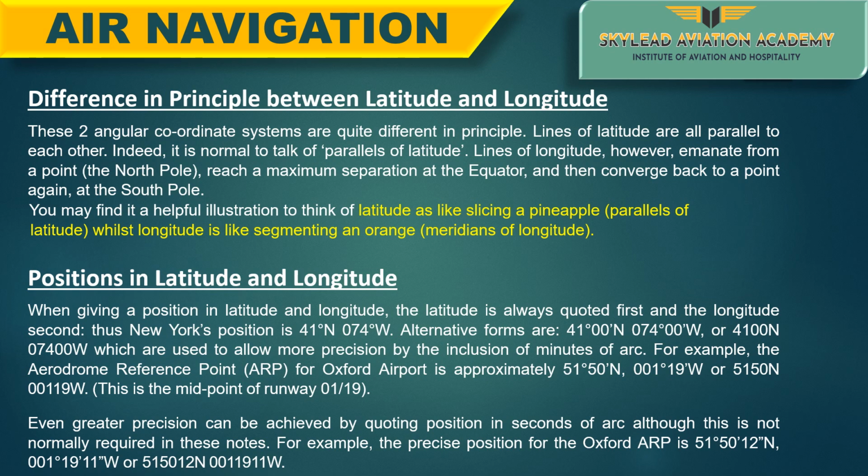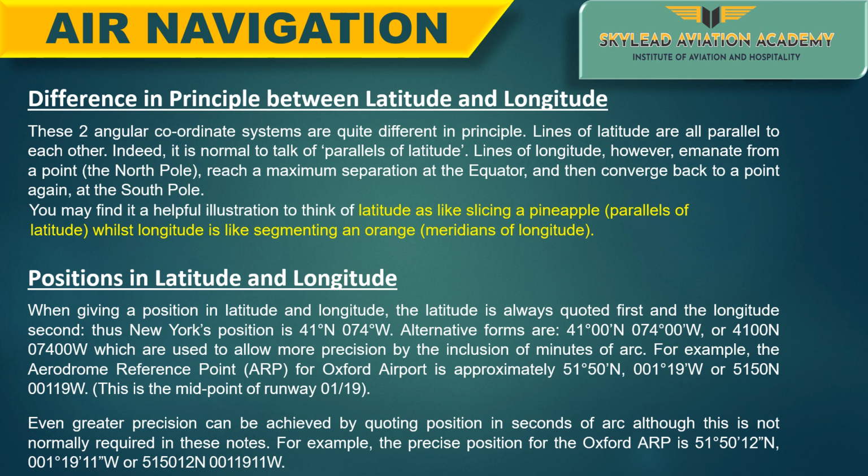Lines of longitude, however, emanate from a point, the North Pole, reach a maximum separation at the equator and then converge back to a point again at the South Pole. You might find it a helpful illustration to think of latitude as like slicing a pineapple, parallels of latitude. Vice versa, longitude is like segmenting an orange, meridians of longitude.